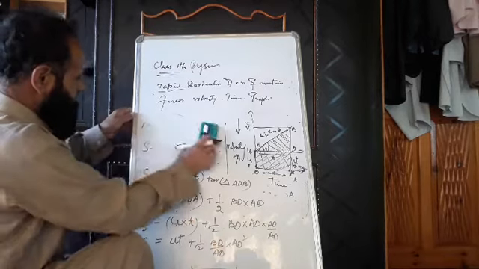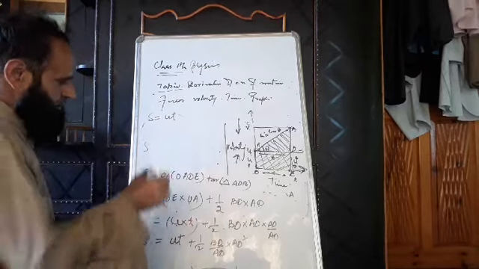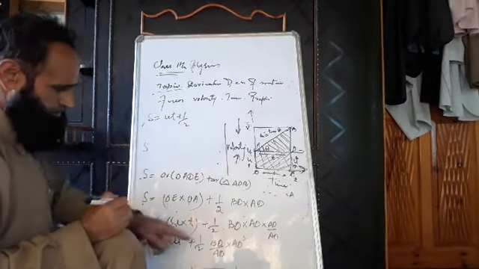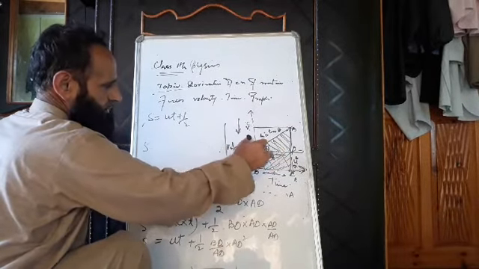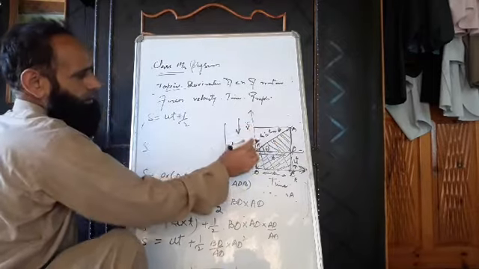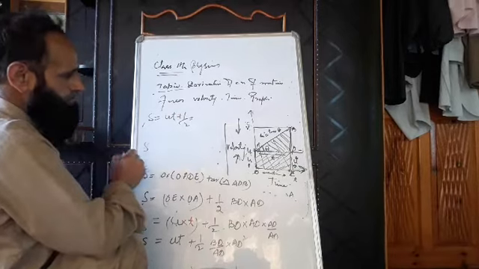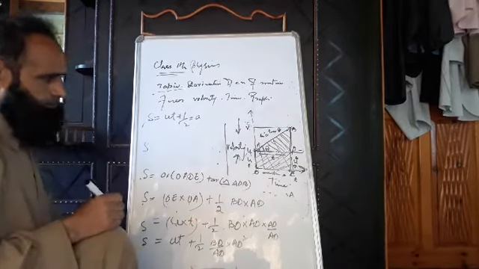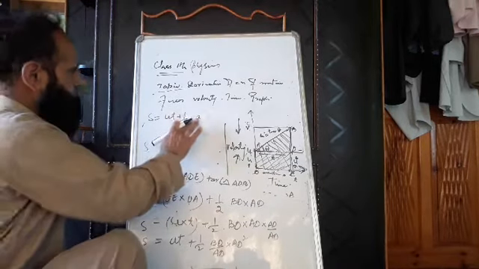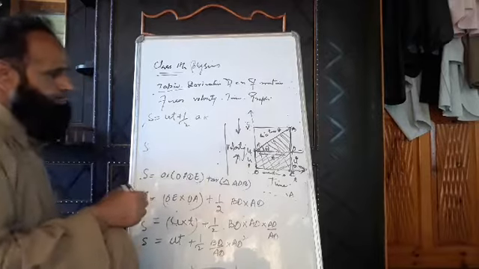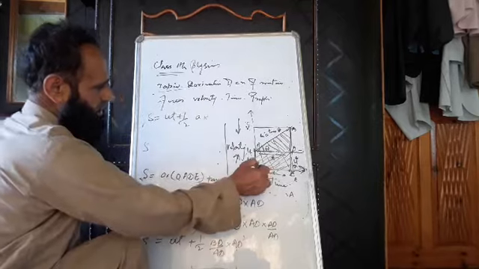Then our S would be ut plus 1/2 of BD by AD times AD square. In this triangle, BD by AD is equal to a, the slope of AB. So it is equal to a multiplied by AD square.